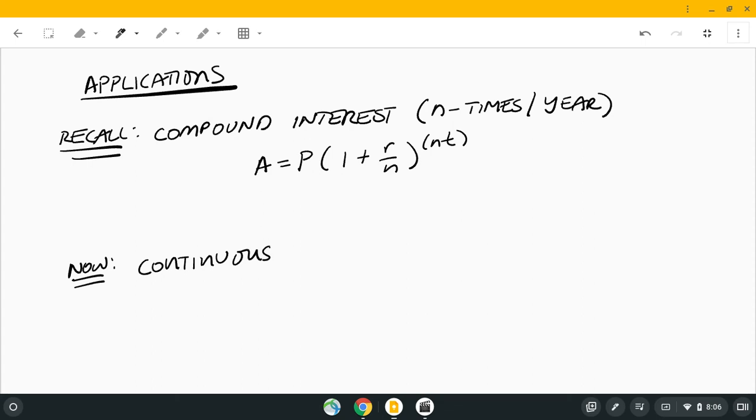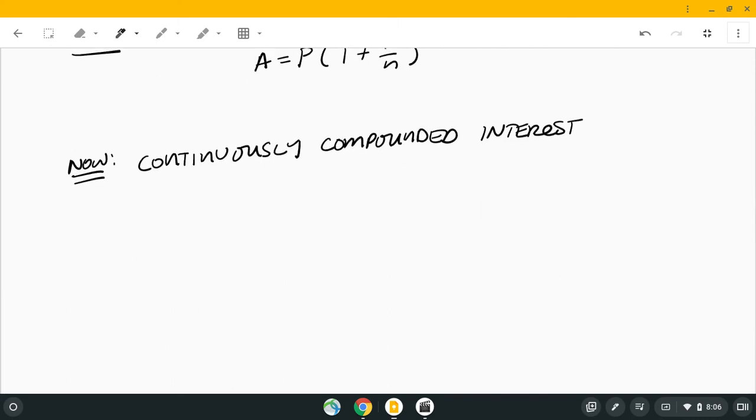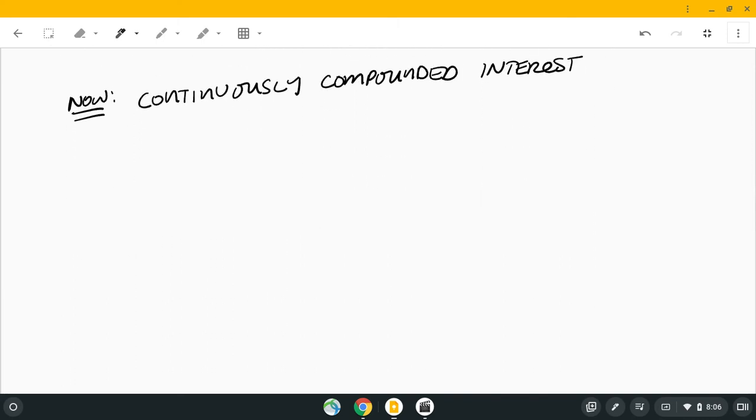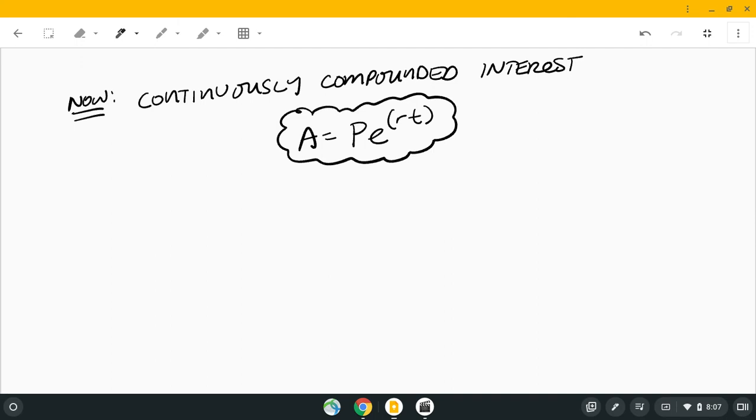So we have this continuously compounded interest. Okay, and that formula is this. A is our final amount at the end of that time period.